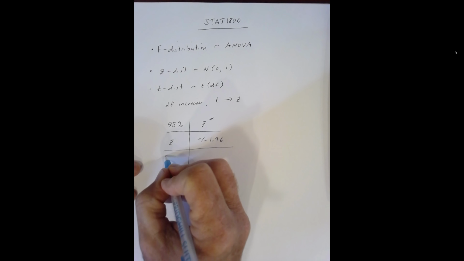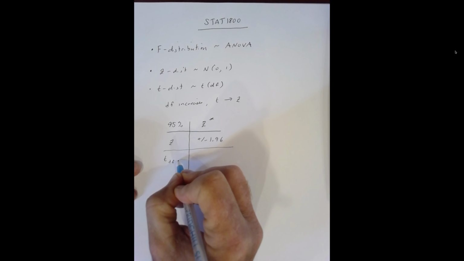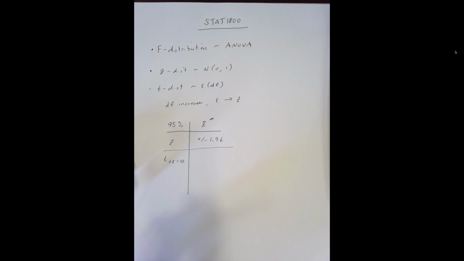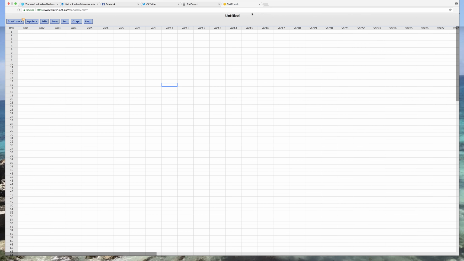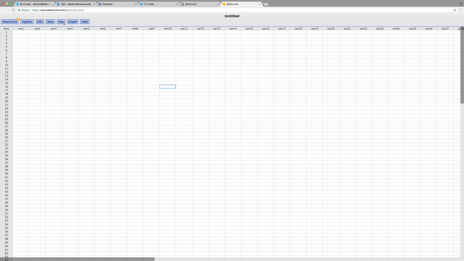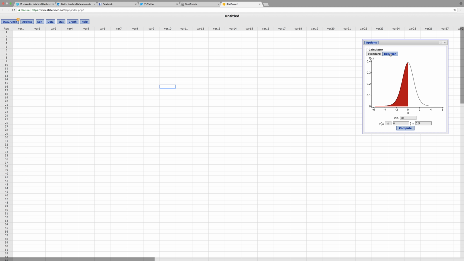But when we have the T distribution with degrees of freedom, say for example 10, we can go to StatCrunch, go to our calculator, go to T, and really the easiest way is to do between and do 0.95. And we can see that our T critical is plus or minus 2.228.